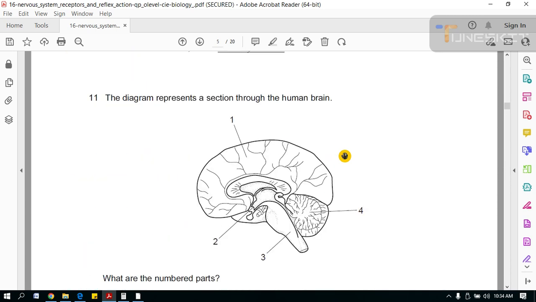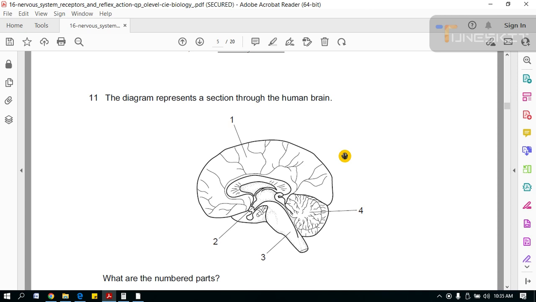Similarly, you have another MCQ, the diagram represents the section through the human brain. There are 4 sections, 1, 2, 3 and 4. First you have to name all these parts. 1 is cerebrum. 2 is hypothalamus. 3 is medulla oblongata. 4 is cerebellum.